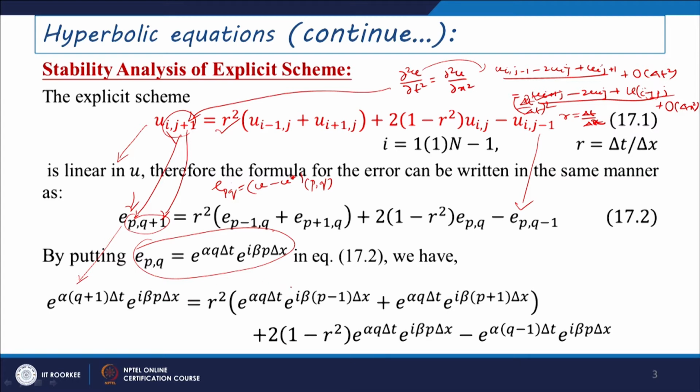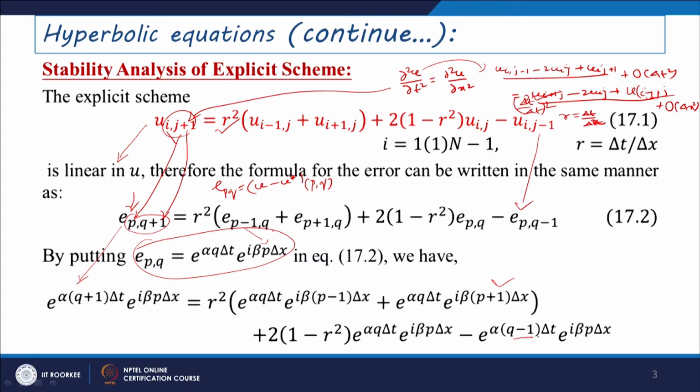So, p delta x equals r square, p minus 1 especially, it can be written as a p minus 1 here. So, e to the power alpha q del t e to the power I beta into p minus 1 delta x plus e to the power alpha q del t e to the power I beta into p plus 1 delta x plus 2 into 1 minus r square and e to the power alpha q del t e to the power I beta p delta x minus e to the power alpha into q can be replaced by q minus 1 here.